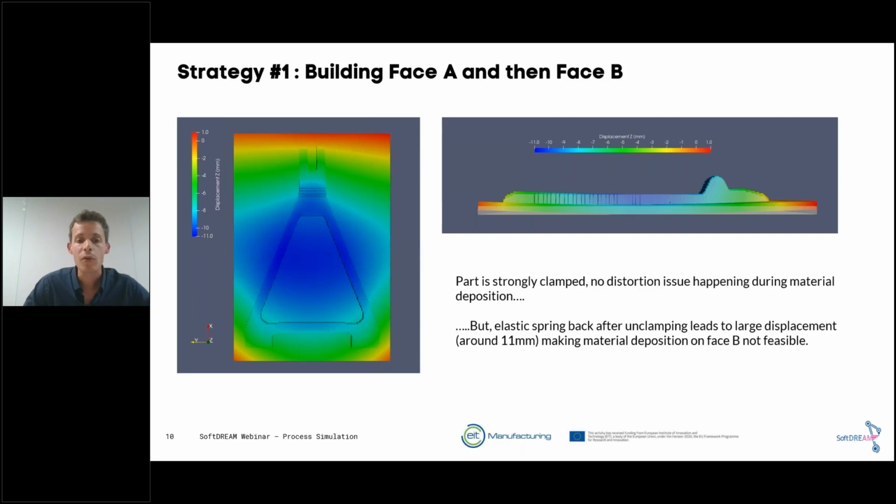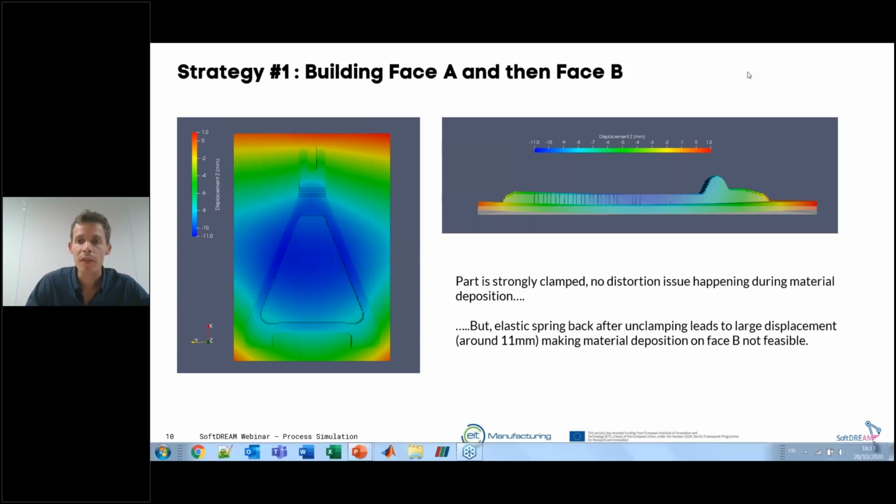In this approach, the part is strongly clamped and no distortion issue is happening during the process. The problem comes when the part isn't clamped.